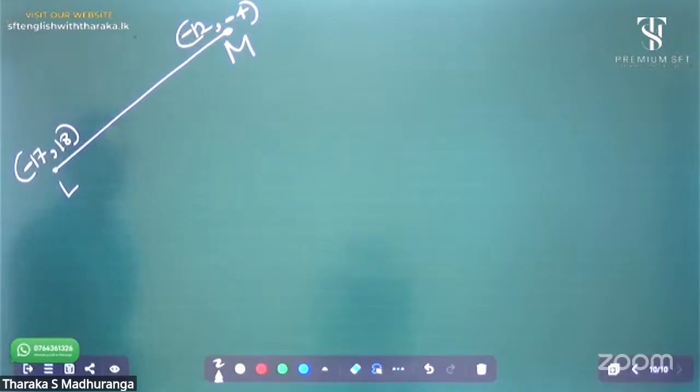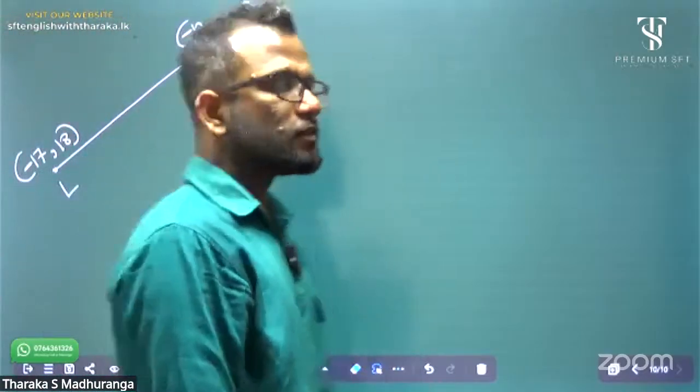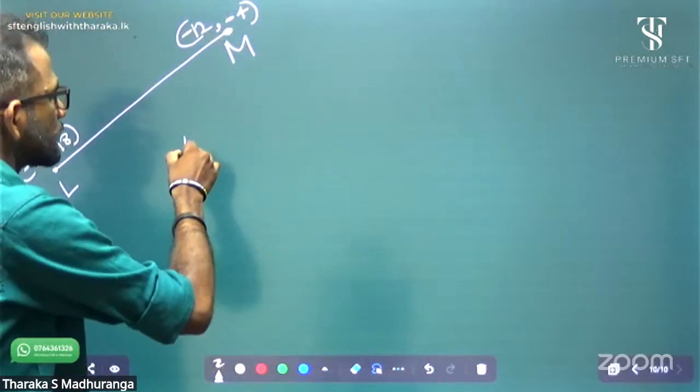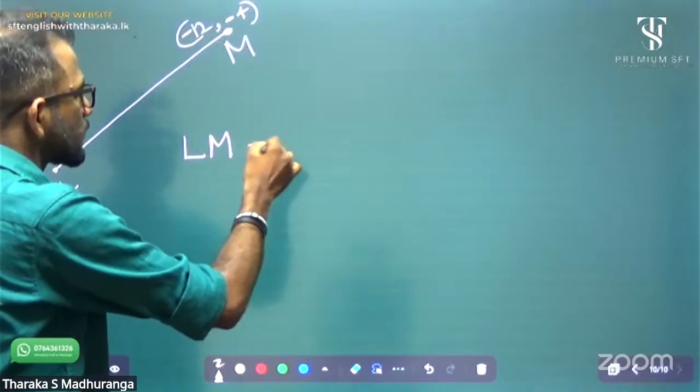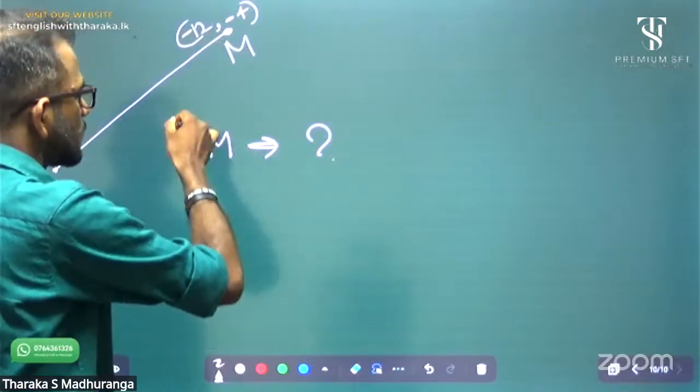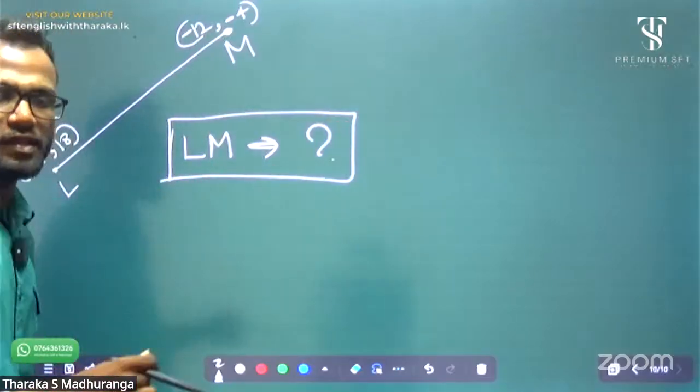M point coordinates minus 12 comma minus 4. This is homework. You can practice the length of LM, the straight line length. It's a very easy lesson.